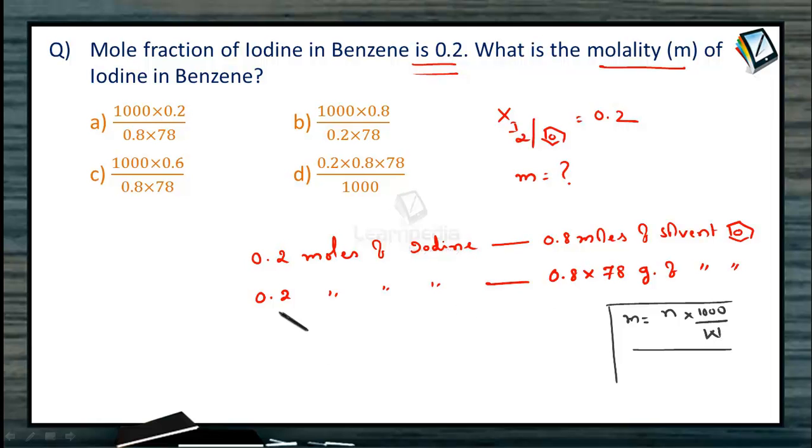From here, already 0.2 moles of iodine are present in 0.8 into 78 grams of the solvent benzene. So what we want is how many moles of iodine are present in 1000 grams of solvent, and whatever the number of moles present in 1000 grams of the solvent is the molality.